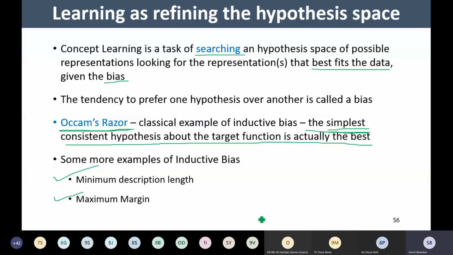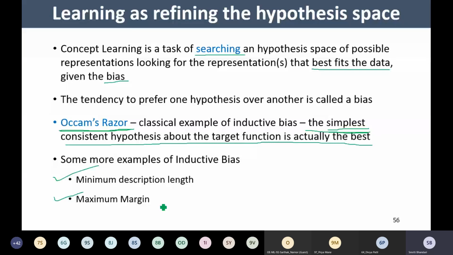Right now you may not understand these concepts, so I am not going to focus on them. The maximum margin hypothesis is used with respect to SVM, and when we discuss SVM, I will explain the concept.